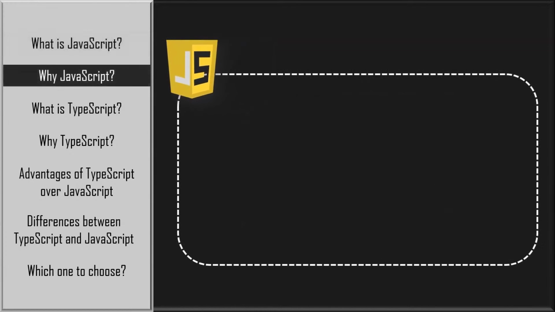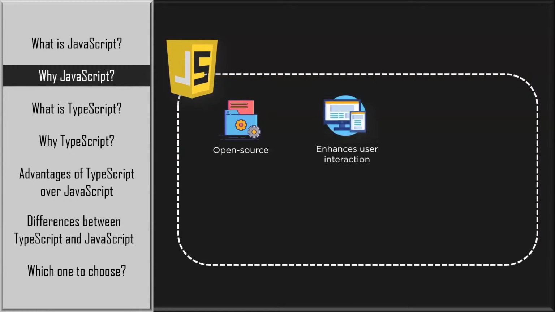So talking about why JavaScript is being used, first up is that it's open source. Next, as discussed earlier, it has excellent user interaction, meaning the scripts are basically written in HTML pages and are executed automatically with embedded JavaScript. Also, JavaScript offers a wide range of libraries and frameworks.